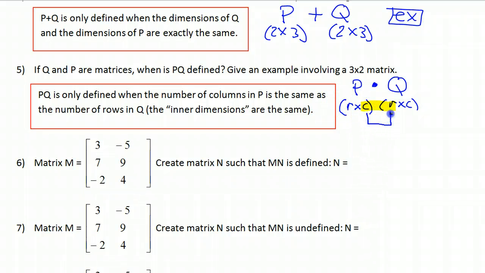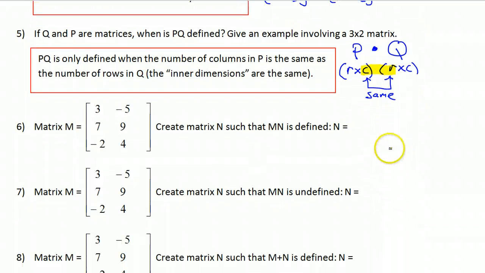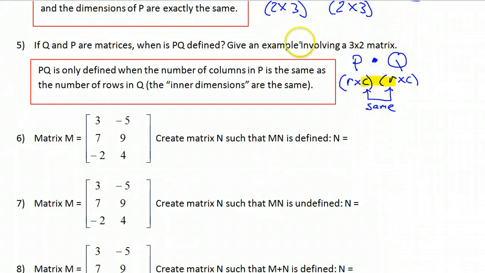These must be the same. Number of columns in P must be the same as the number of rows in Q. The inner dimensions.